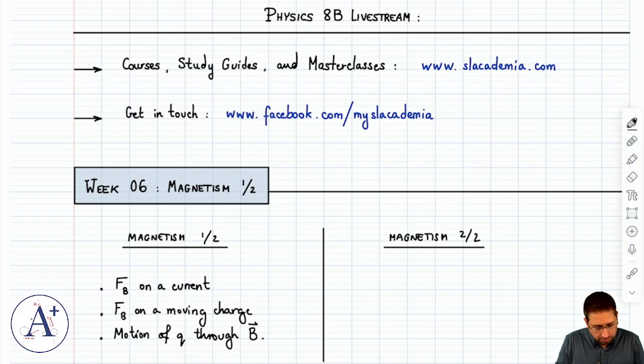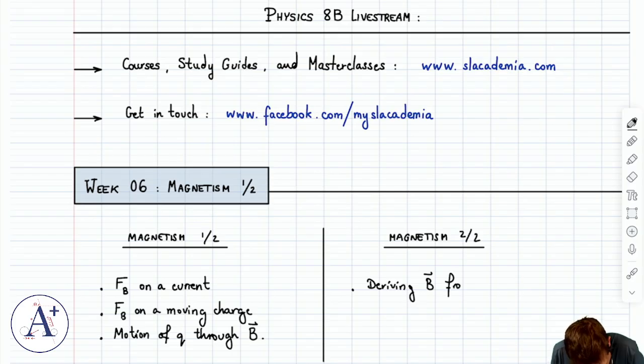And magnetism 2 of 2 is deriving B from a current I. And there's going to be two options.